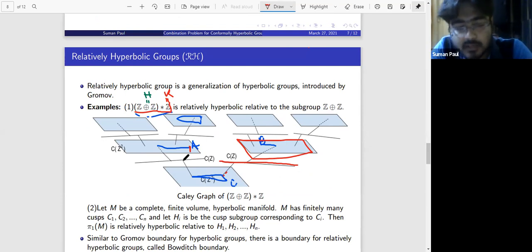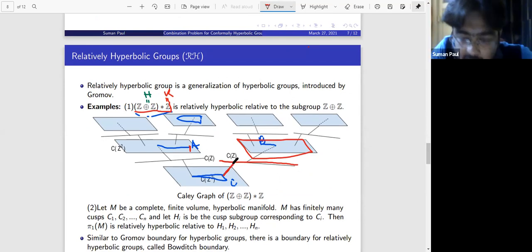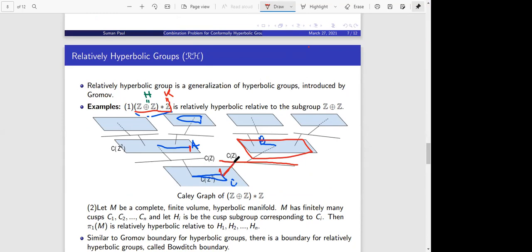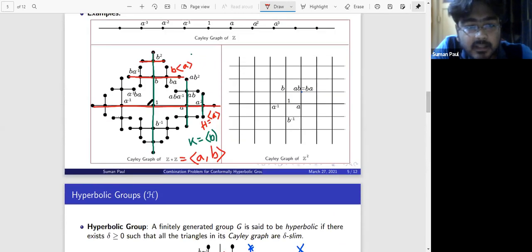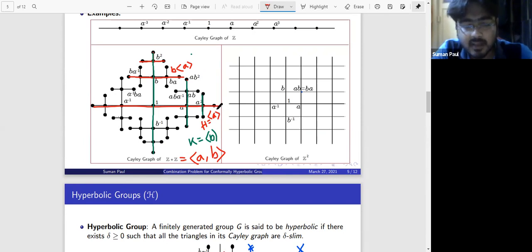I have drawn it for simplicity, but these lines are not there. For example, take this to be the identity. Then this also has the identity, so they are identified like that. I see. Now is it clear?